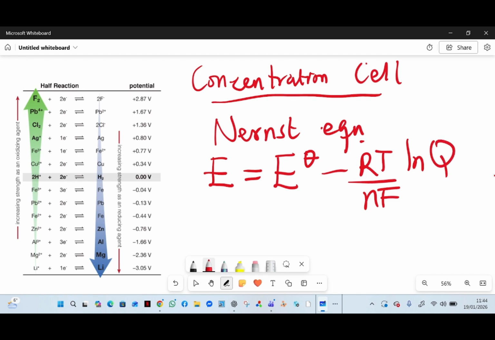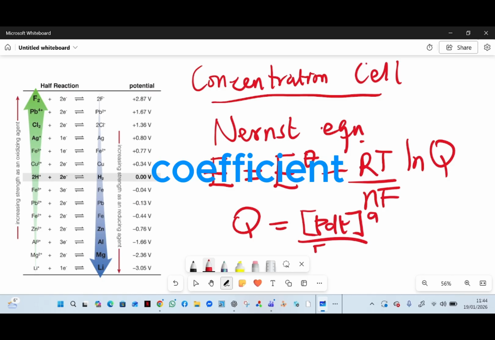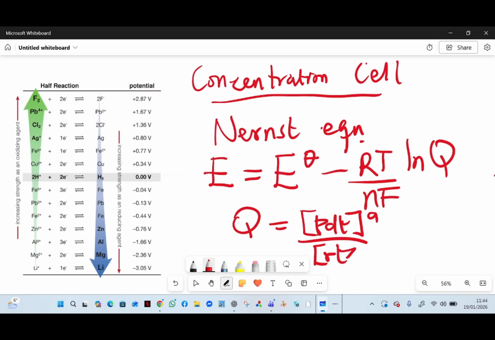So Q is going to be the reaction quotient, where we know Q is the concentration of your product raised to a quotient and then divided by the reactant B.